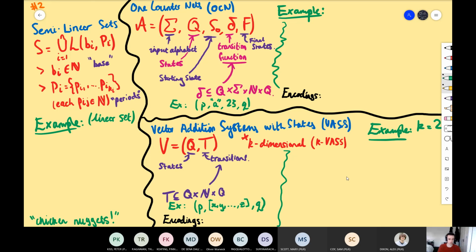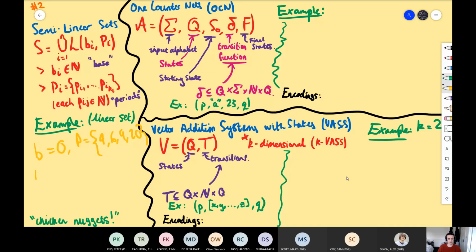And just to give an example of a linear set, and then you can augment the union in your head. We'll take the chicken nugget problem, right? So in this case, we have B equals 0 and P, this is just the one-dimensional case. You upscale this if you like. So imagine you're buying chicken nuggets in multiples that McDonald's sell them in, right? Which is 4, 6, 9, and 20, the last time I knew or checked.